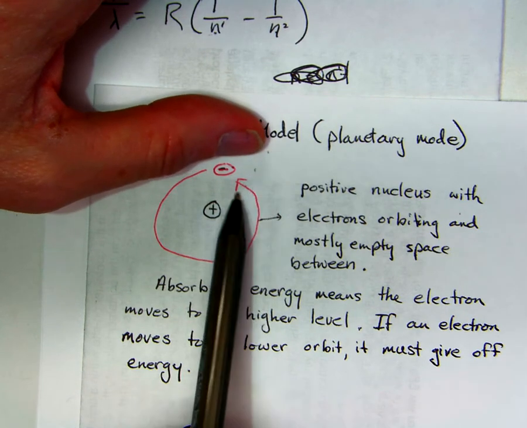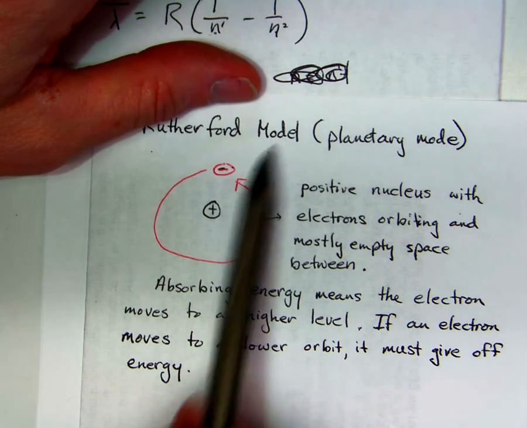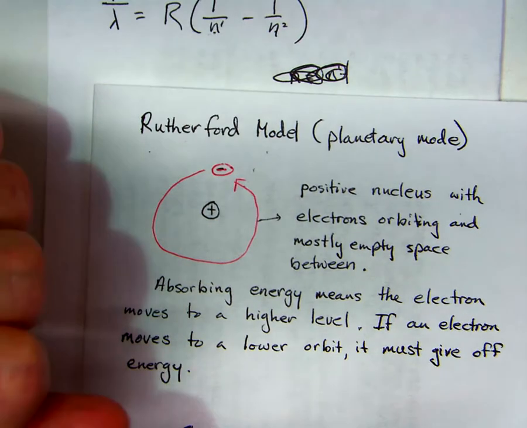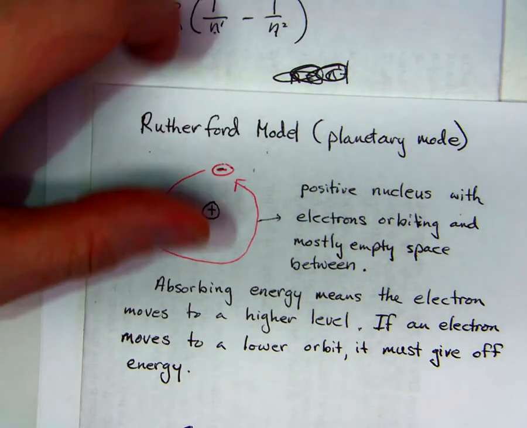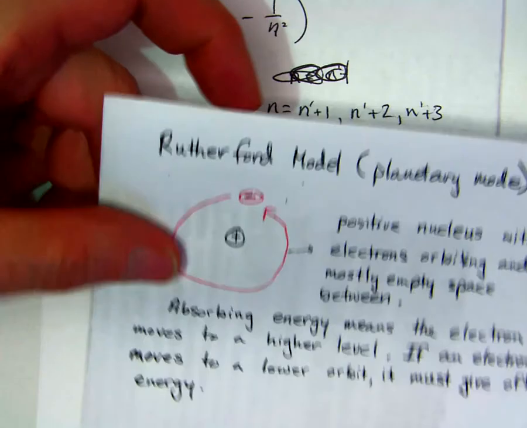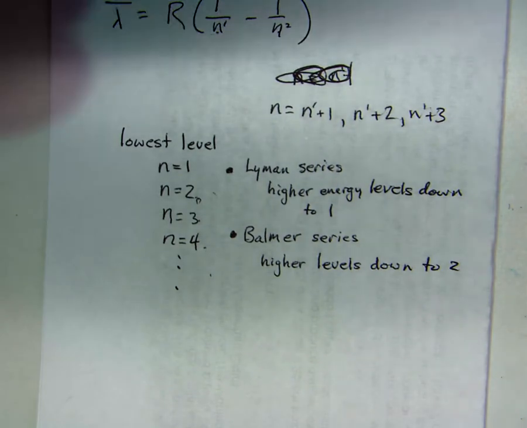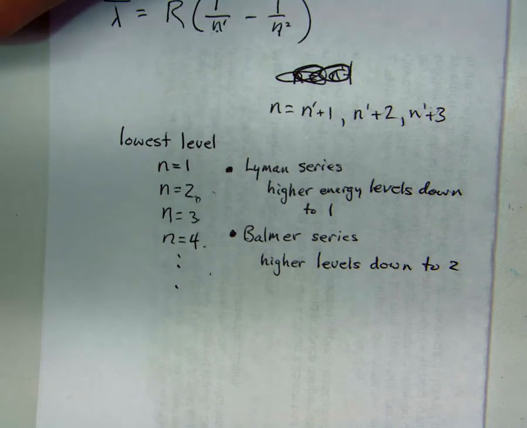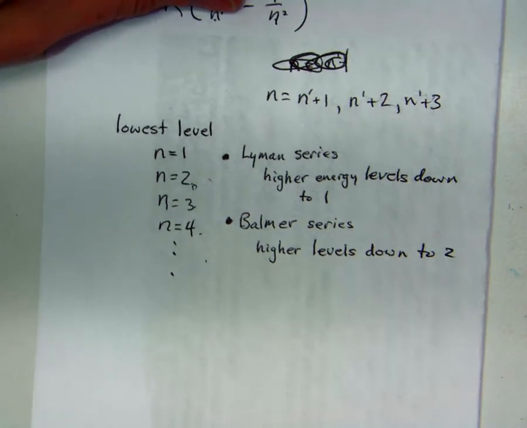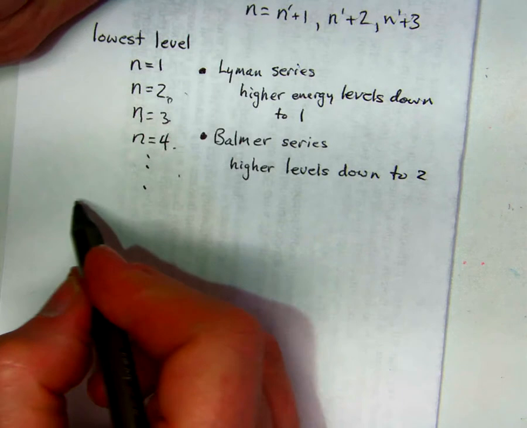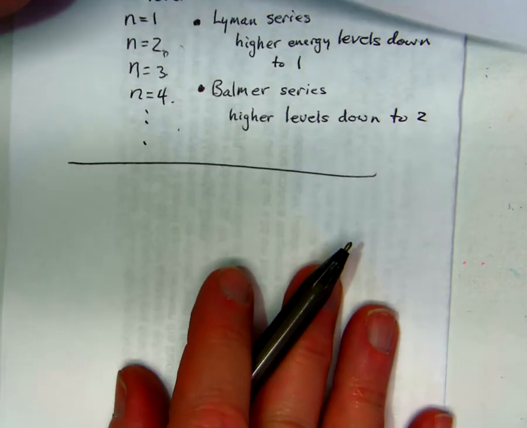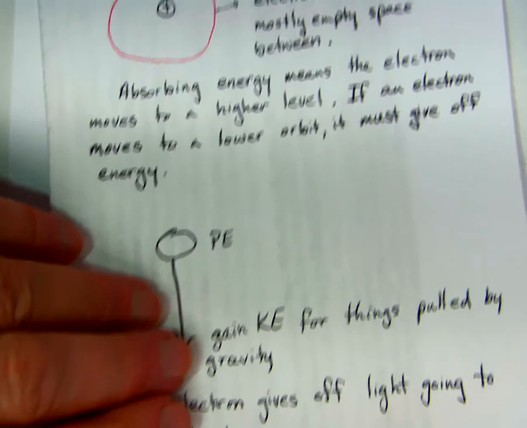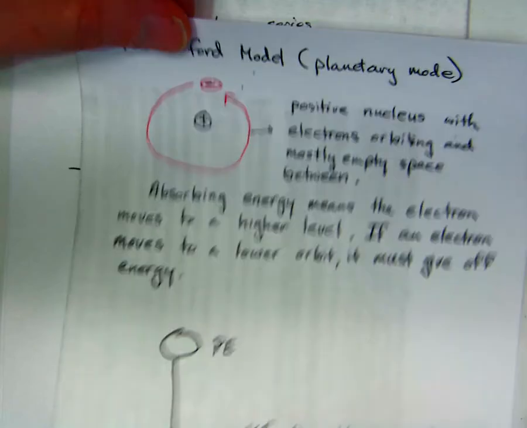If I raised it up here, it'd give a different one. But I could put it anywhere, just like a planet. I could take a planet and move it at any distance from a star. And so what we were finding was that it would only give off certain levels of light. So at that point, they're realizing that there's something else going on. It's not just our planetary model here.